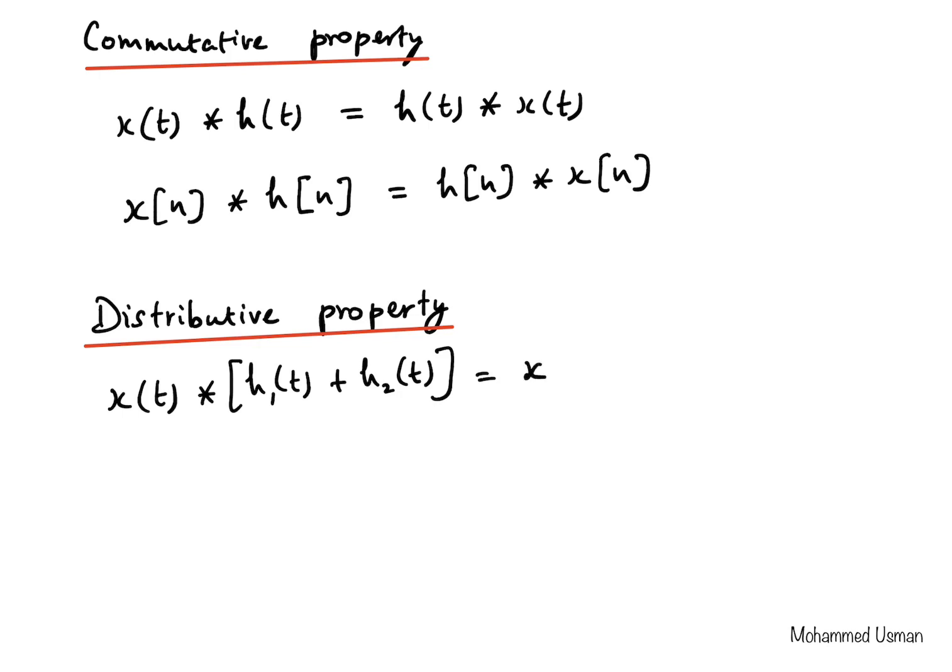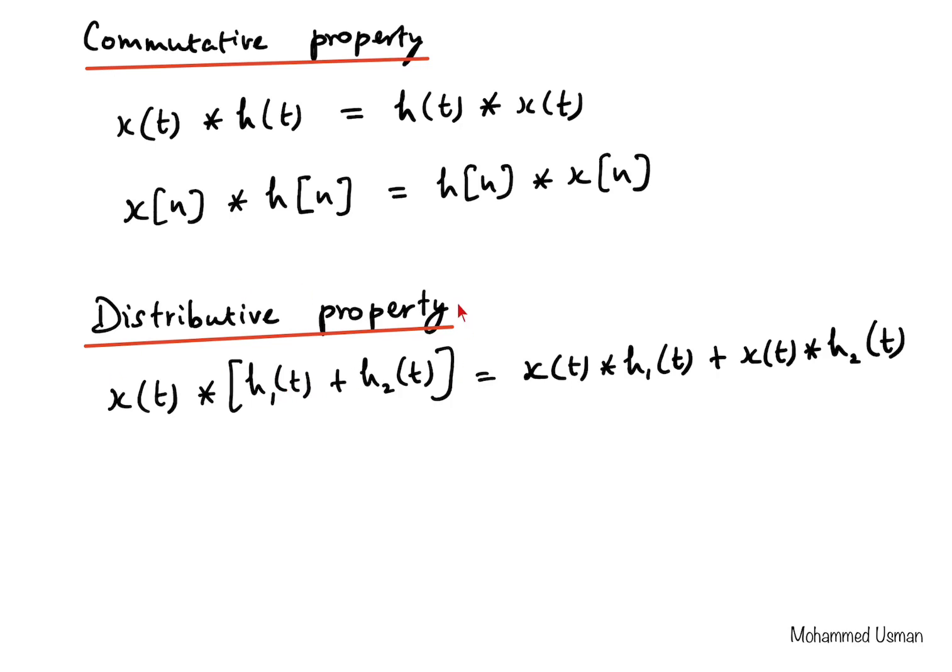So that is basically equal to x of t convolved with h1 of t plus x of t convolved with h2 of t. So that's the distributive property. So it's like 2 into 3 plus 5. That's 2 into 3 plus 2 into 5.